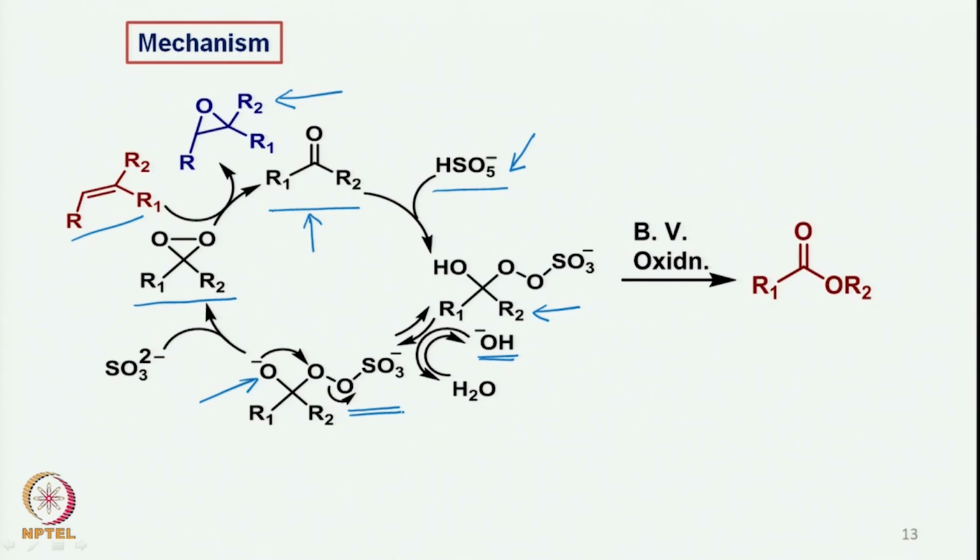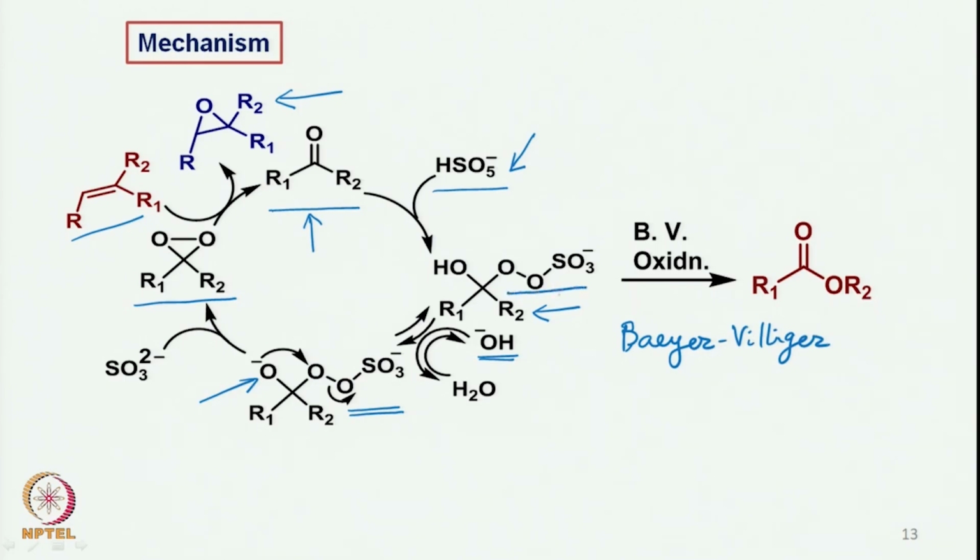One of the problems that is found is that if the condition is not basic enough, then there is a possibility of Baeyer-Villiger oxidation taking place. So, you have a possibility of Baeyer-Villiger oxidation, because what you have is this path as a leaving group.